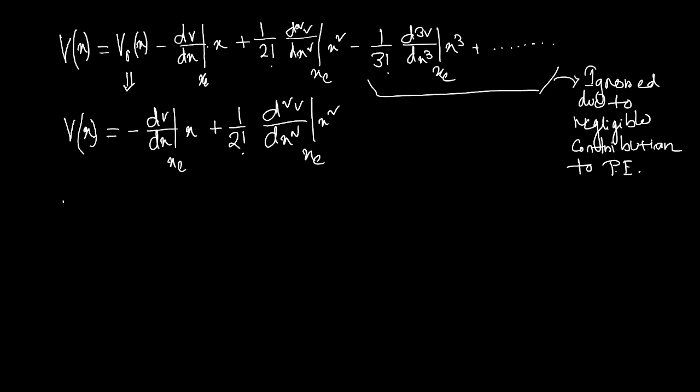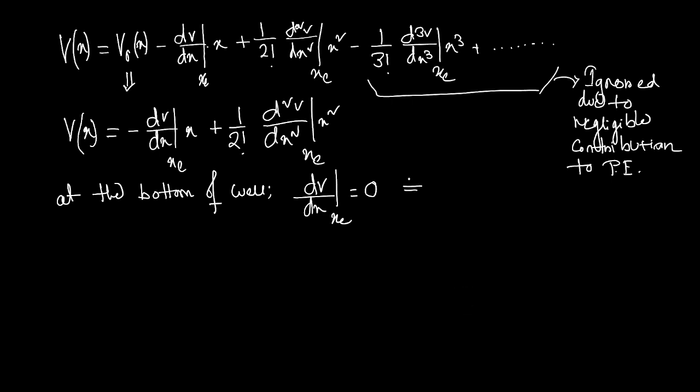Now at the bottom of the well we can treat it as a minimum, so dV by dx will be 0, as it is a minimum. But the second derivative term will not be 0.